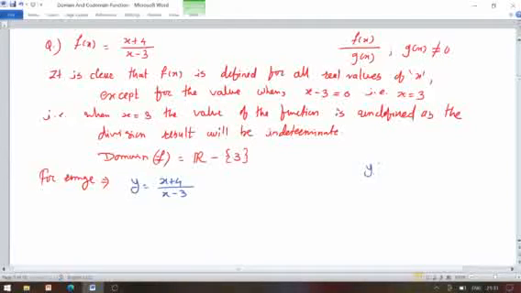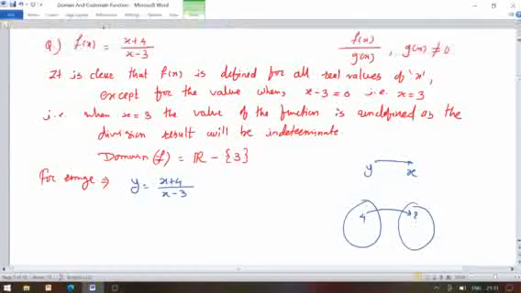Here we have given y in terms of x. Let us take any element that belongs to the domain except 3, say 4. Now we are finding the range, which means 4 is related to which element from the codomain. That means for finding the range we have to express x in terms of the variable y.